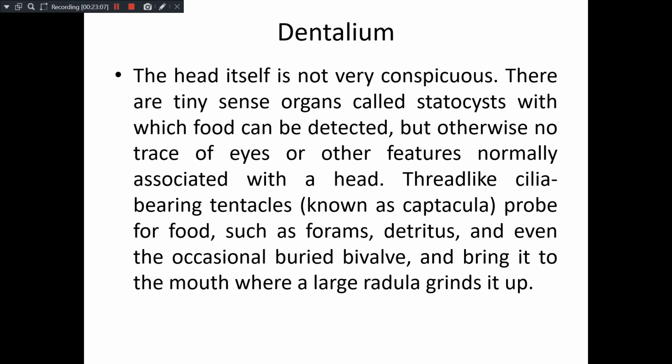Otherwise, there are no eyes and other features normally associated with the head. Even if eyes were there, they would be of no use because the head is always buried.